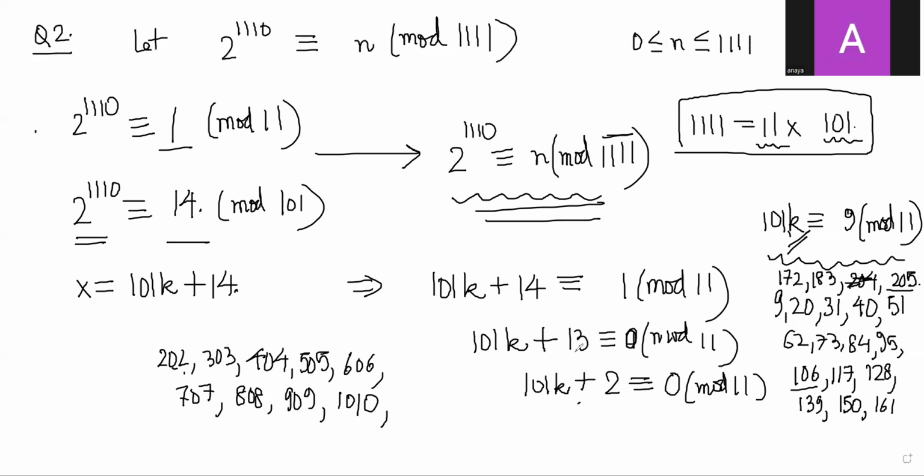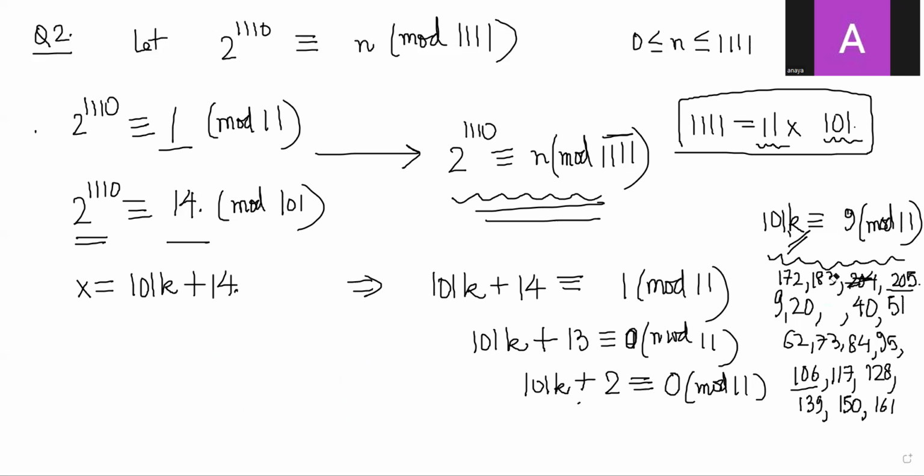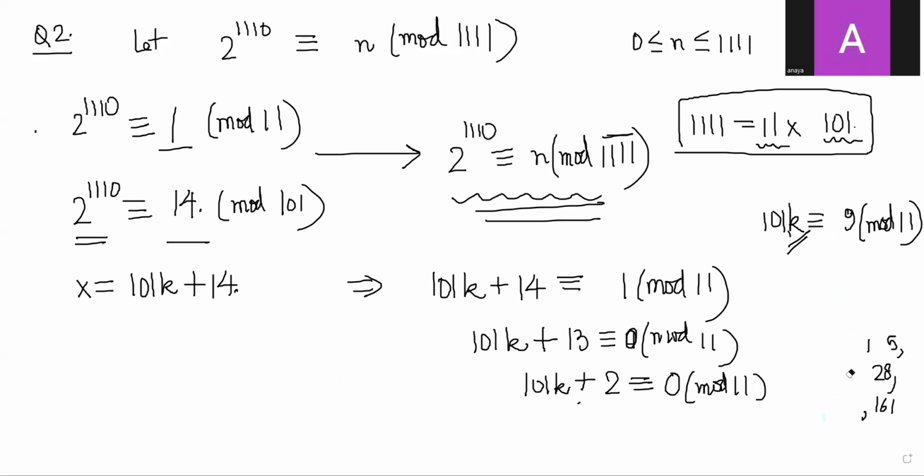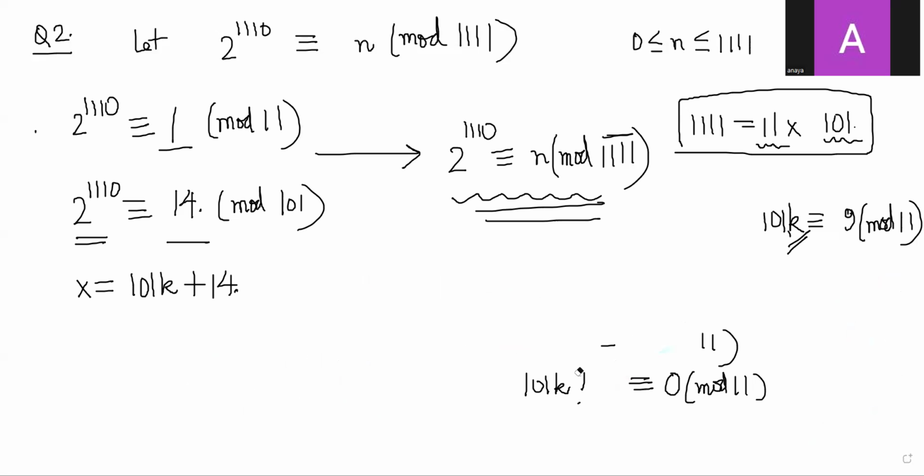Maybe the better way to do it would be to start putting K mod 11. Think of K. K has only 11 choices, 0 or 1 or 2 till 10 mod 11, right? That will be a faster way to do it, because then you will just check whether the product is becoming 9 mod 11 or not.